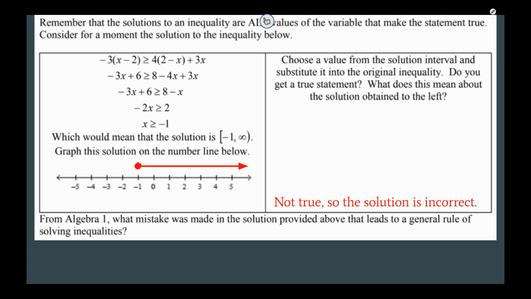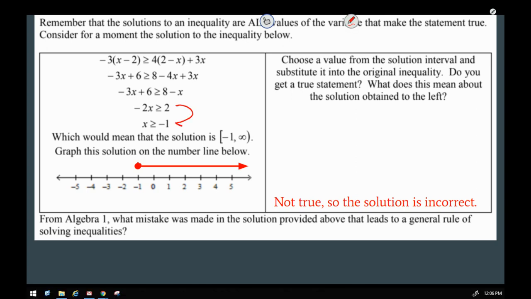What did he do wrong? Right here, in this step, from here to here, what math did he do? Division by a -2. When you divide by a negative, you gotta flip the sign.